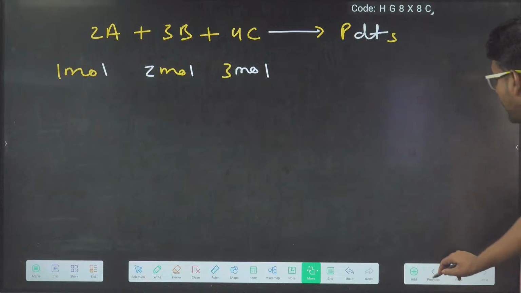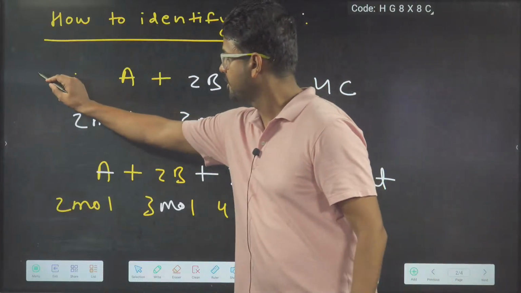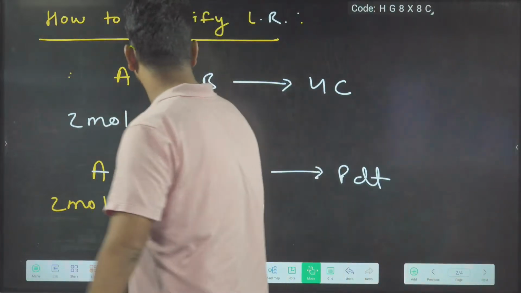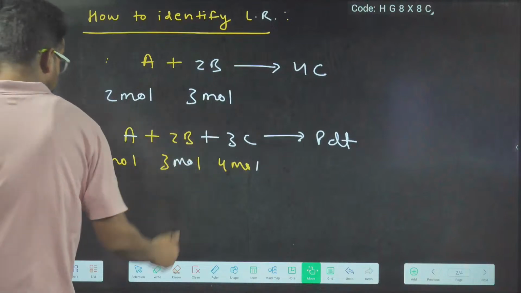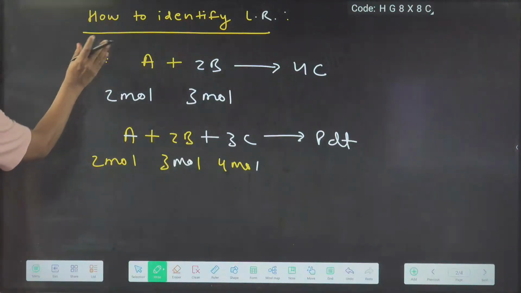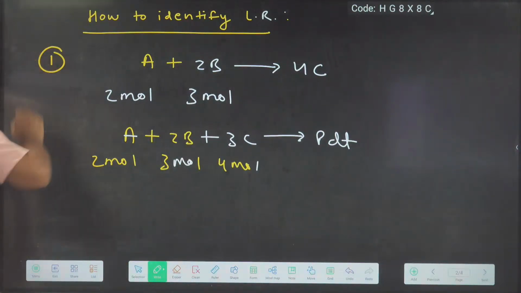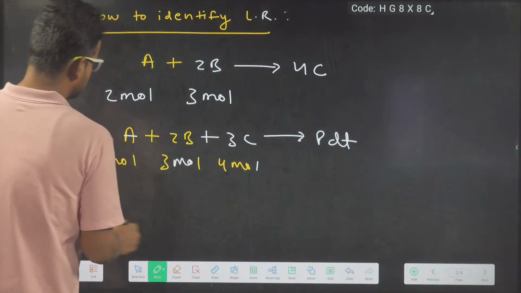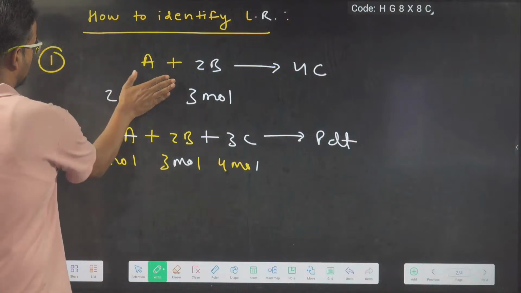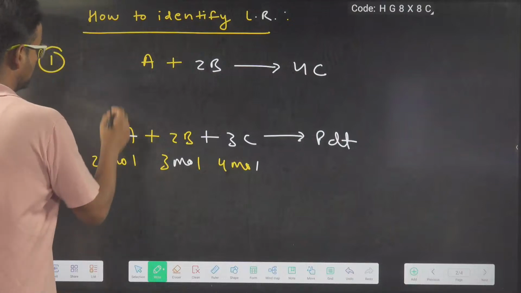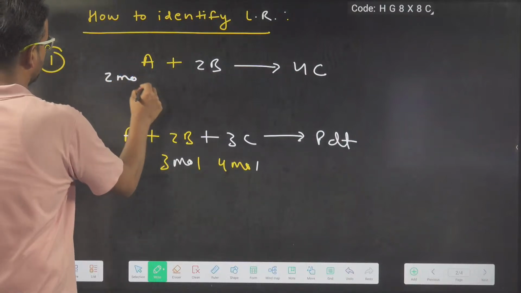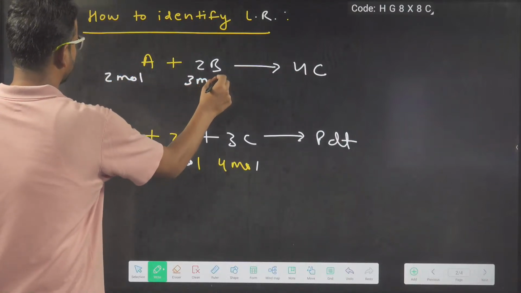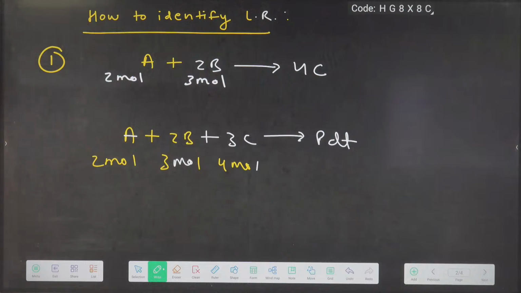So now everybody, note down this first question. Note down question number 1 and try to find out the limiting reagent over here. I'll just make some space. So 2 mole and 3 mole. If you have already written it, no problem.